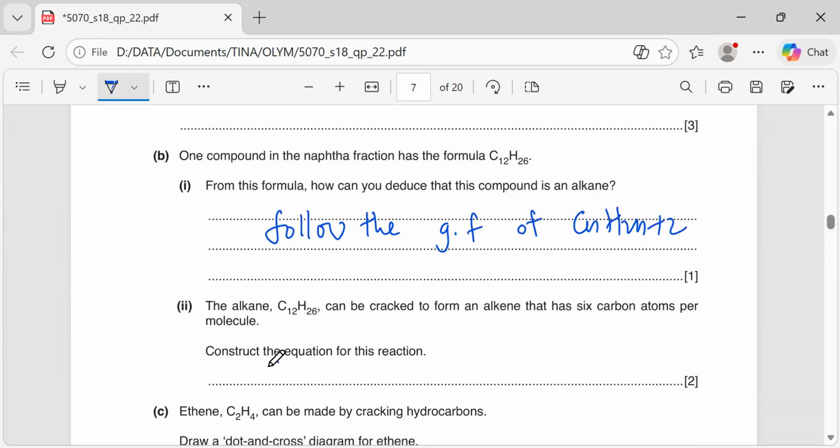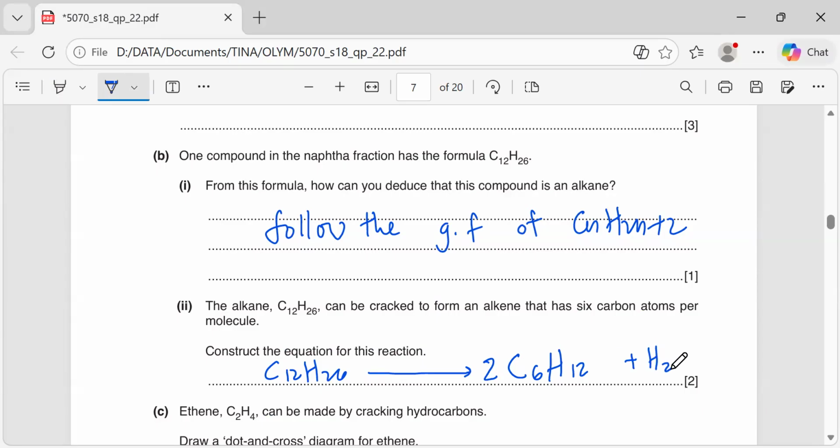The alkane C12H26 can be cracked to form an alkene, and then what else? If you do two of these, what else is left?